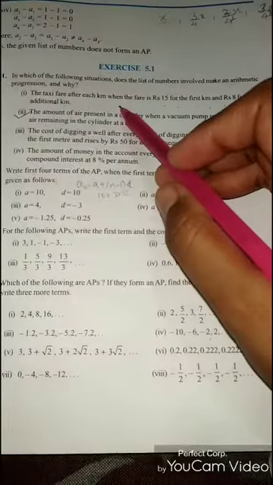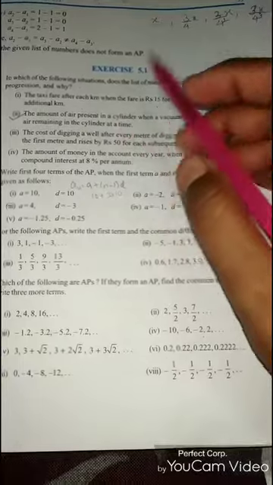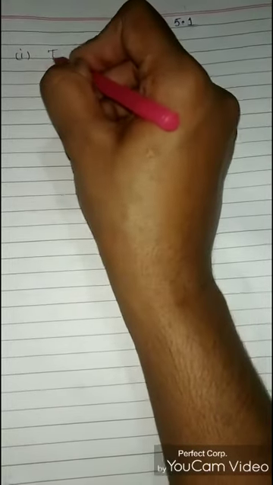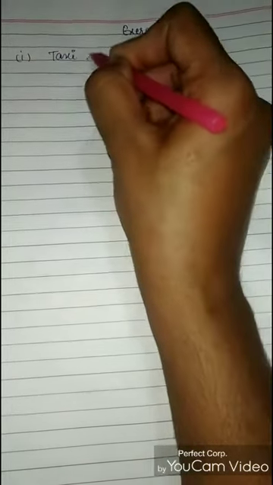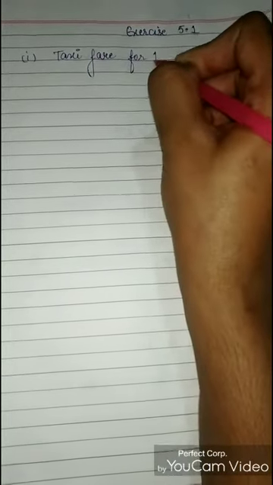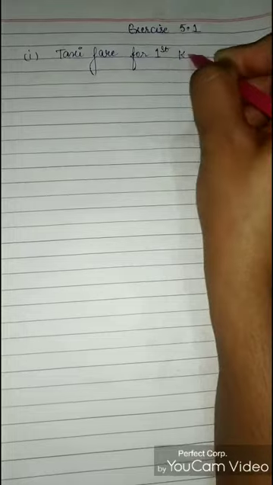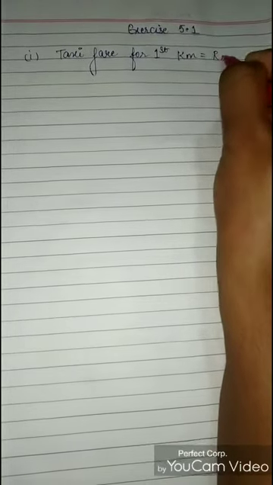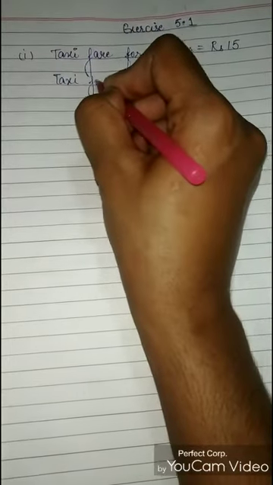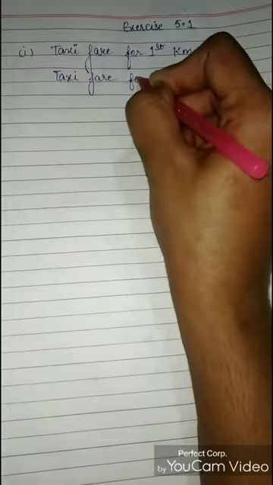First form the series. So start solving. First, we know the taxi fare for first kilometer, so we'll write taxi fare for first kilometer is rupees 15. Now next is taxi fare for second kilometer.